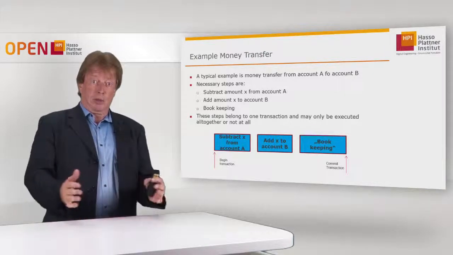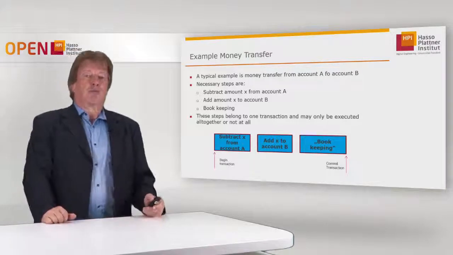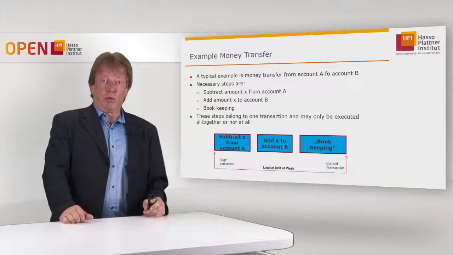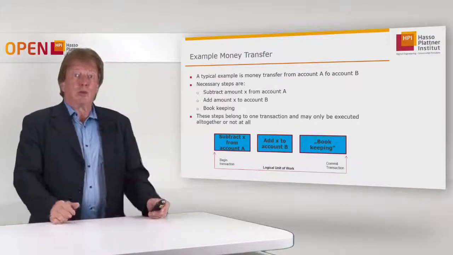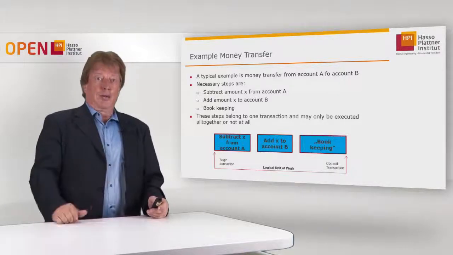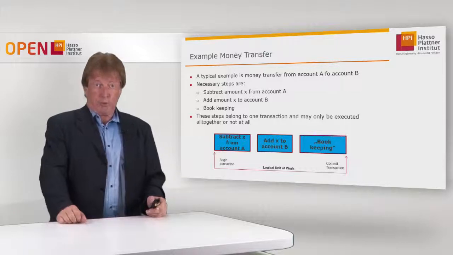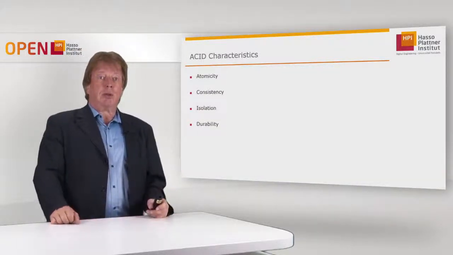Commit means now the transaction is fulfilled, and all these steps are defined as a logical unit of work. And it's really important that this logical unit of work may be executed only all or not at all. And to manage this kind of workload, we have so-called ACID characteristics.